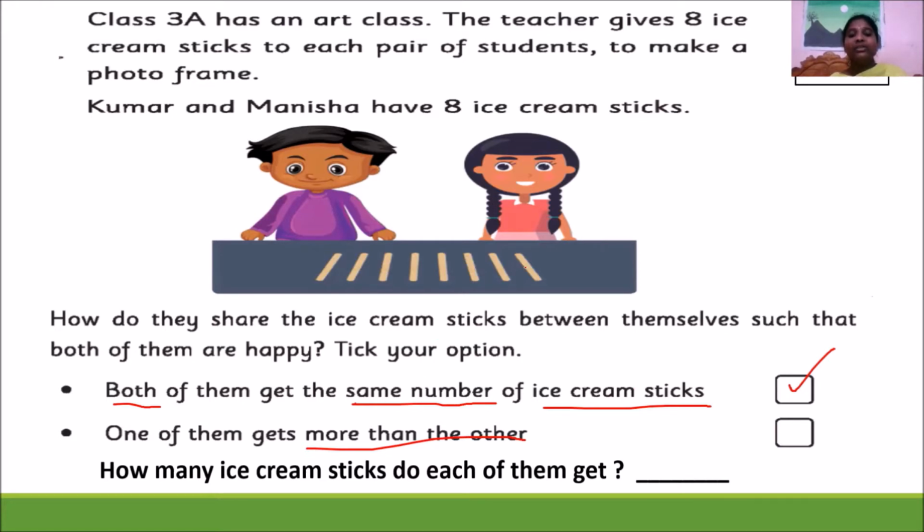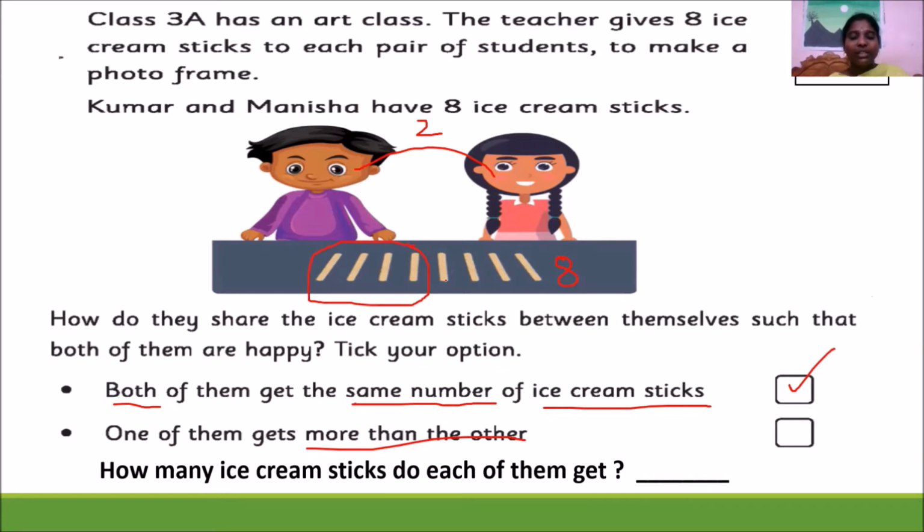Very good. Total ice cream sticks are 8. We have 2 persons. Next, you have to share the ice cream sticks equally between Kumar and Manisha. How many 2s are 8? Very good, 4. Now you can give 4 ice cream sticks to Kumar.